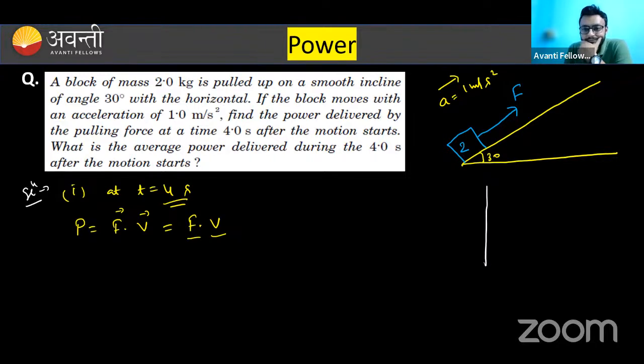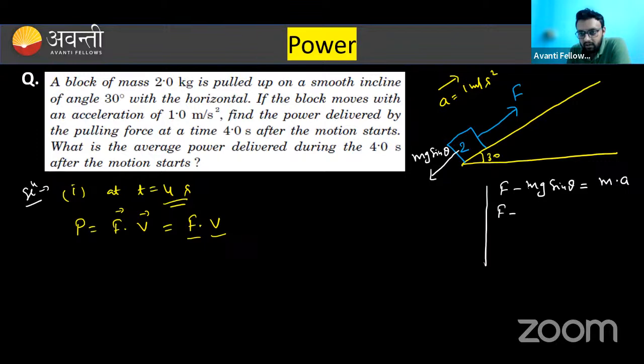Can you see that in this direction, there will be a component of mg, that is mg sin theta. F minus mg sin theta is equals to mass into acceleration.